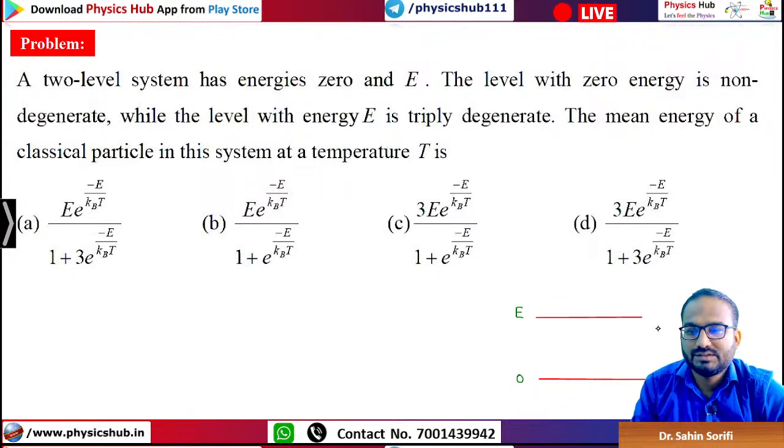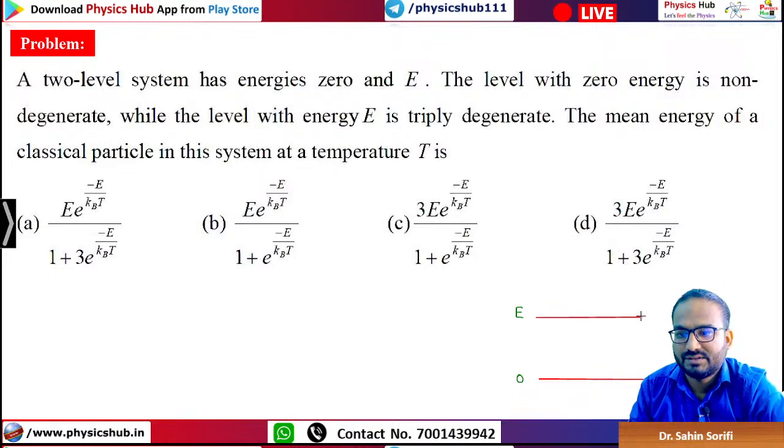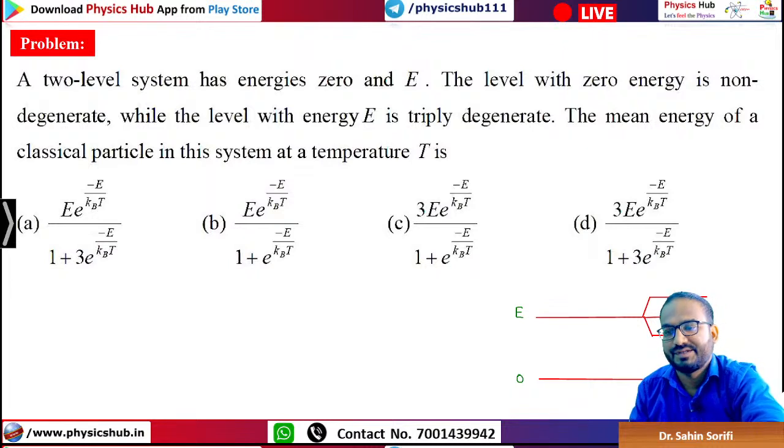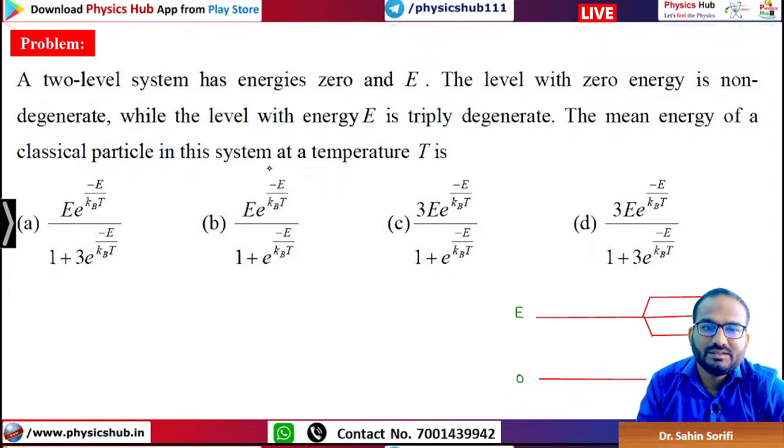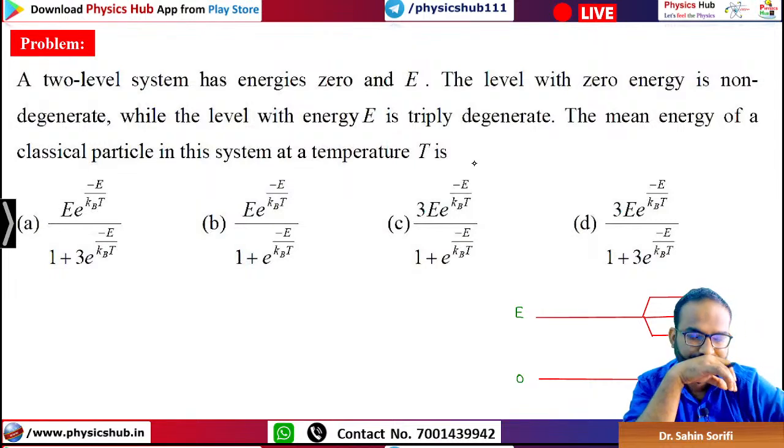The level with energy E is triply degenerate. Triply degenerate means the degeneracy is 3: 1, 2 and 3. So all of these levels have the same energy. The mean energy of a classical particle in this system at temperature T is. Can you do it?